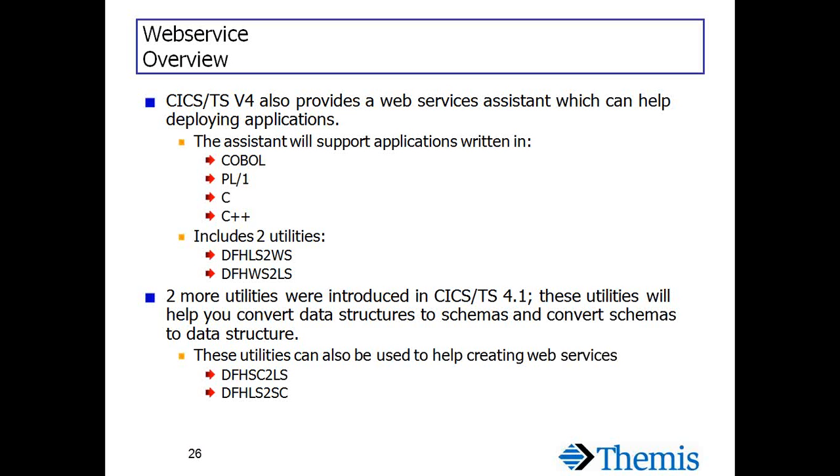If you want nothing more than HTTP processing, there are two other utilities that came into CICS-TS 4: schema to language structure, SC2LS, and LS2SC, or language structure to schema. Standard XML schemas, and the utilities can build them, and we can convert language structures to schemas and schemas to language structures.